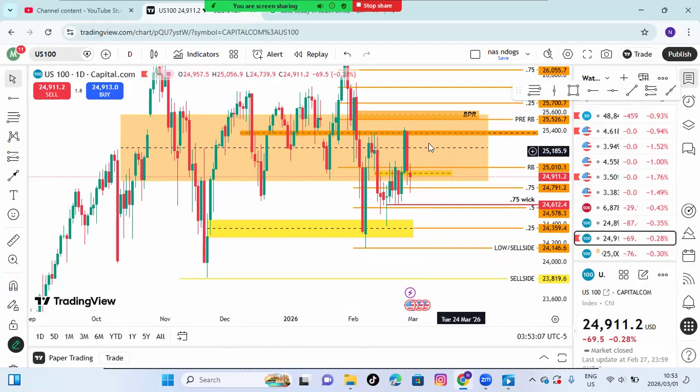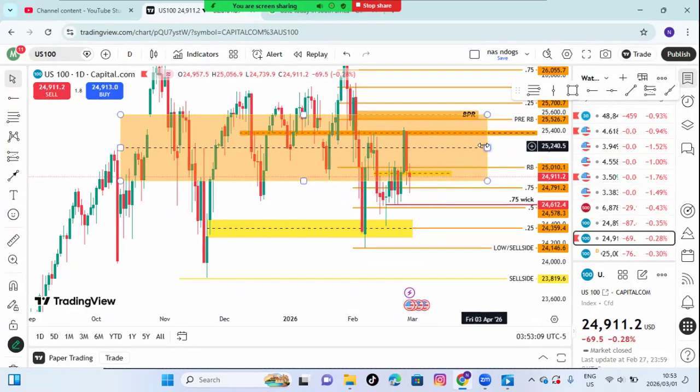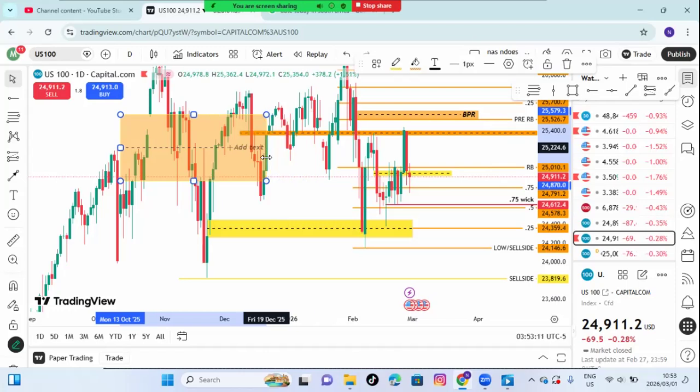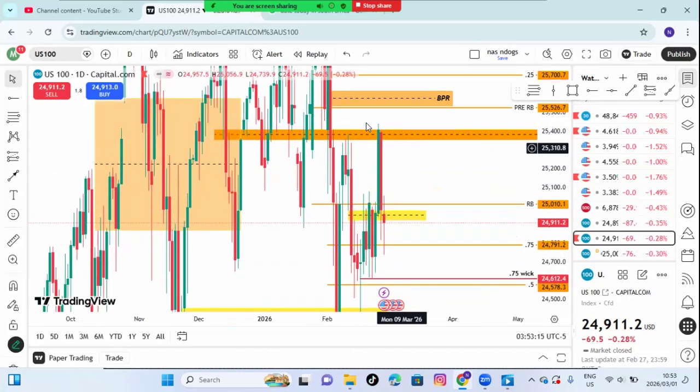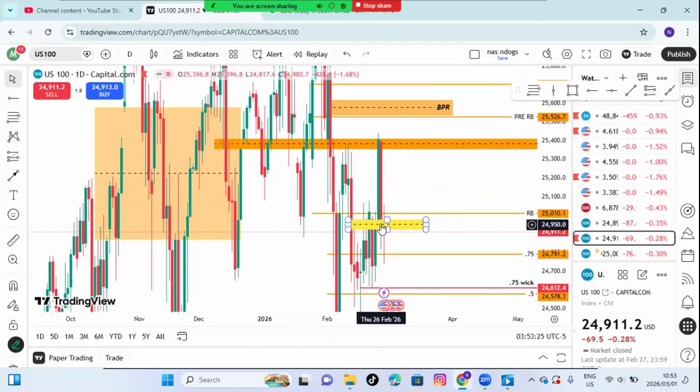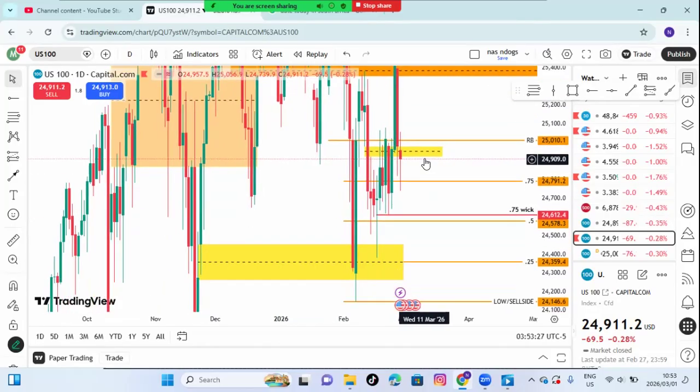This is that weekly suspension block, this one. If I move it a bit, we can zoom in here. You see that weekly suspension block is being respected right here. That's very beautiful. It's being respected here, and then market shuts down like that, right?